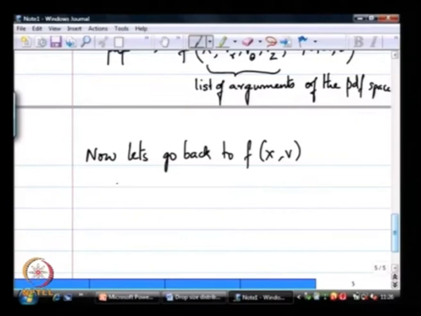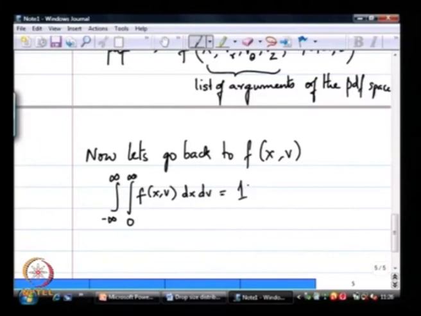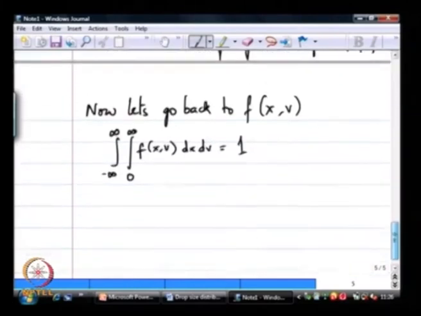We said integral, this is just coming from the idea of probability.